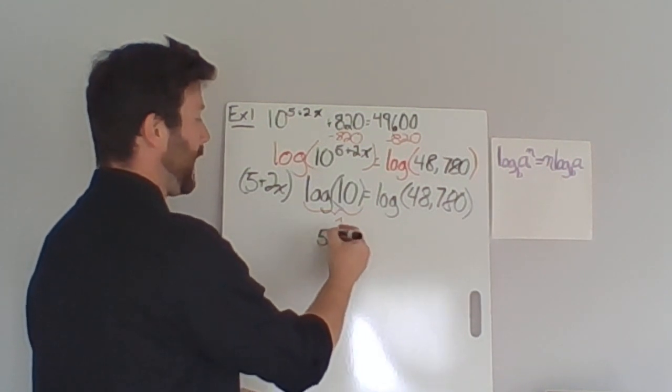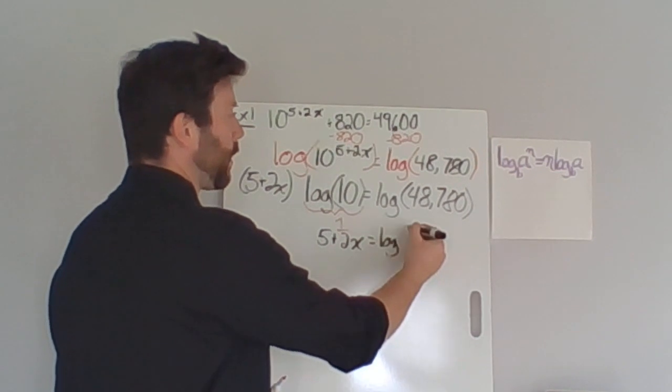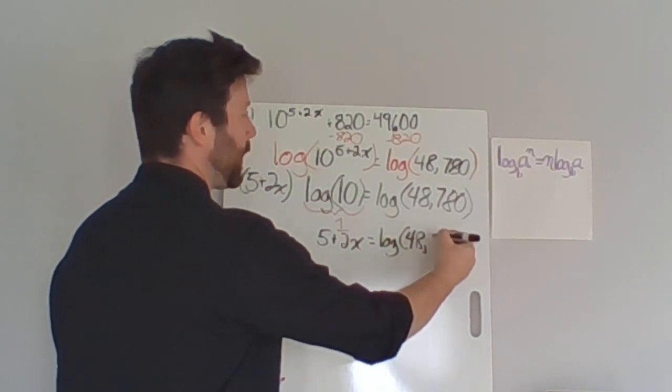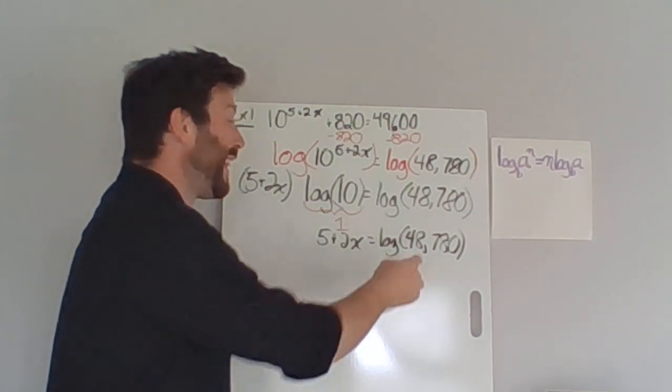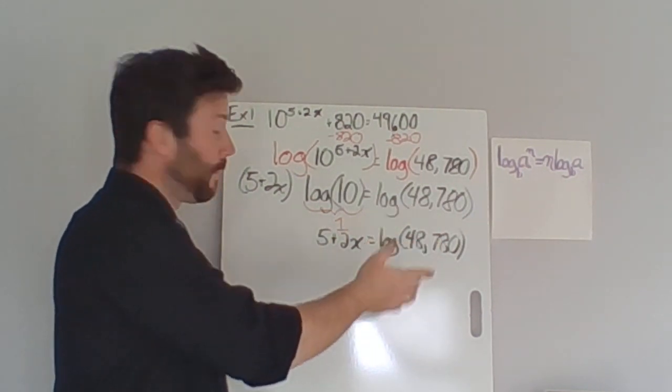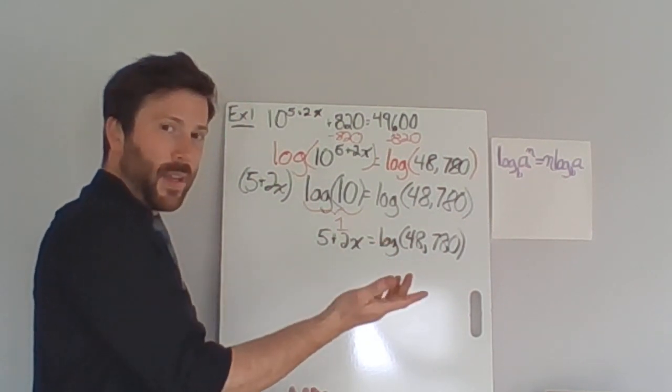So we have 5 plus 2x equals the log of 48,780. Now, once again, this is just a number. It's a constant. I could find this on a number line. We basically have a two-step algebraic equation now.